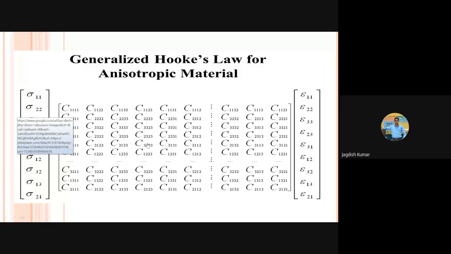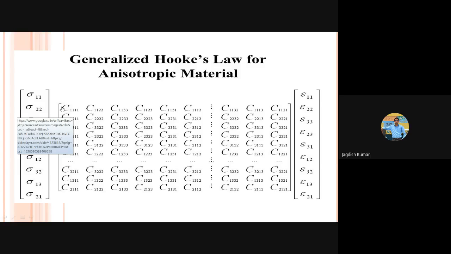If only diagonal elements are non-zero and off-diagonal elements are all zero, then the material is a very simple isotropic material following Hooke's law, and there is no off-diagonal dependence. The stress along one direction does not depend upon strain along the other direction. Even if you apply strain along the y direction, there won't be any stress along the x direction.